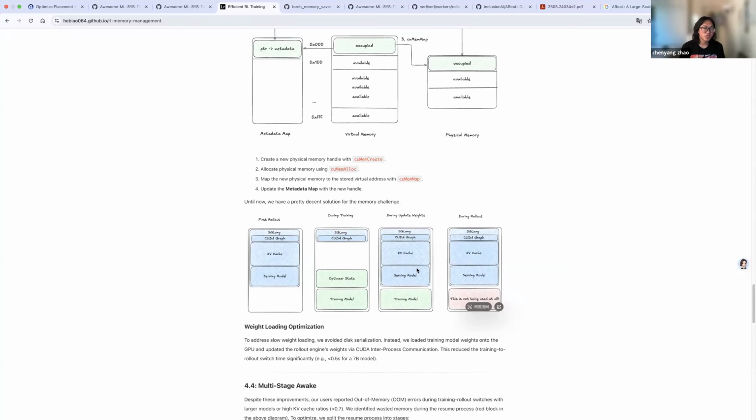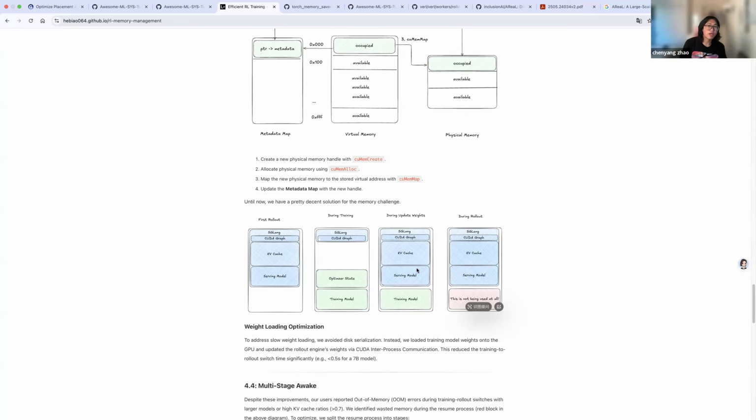The thing is that the parallelism strategy of the training model and the serving model may not be the same, right? So we have to do resharding. It's not a direct zero copy with a pointer change. So we have to do resharding, and then we use CUDA IPC, inter-process communication, to copy the training model's parameters into the serving model.